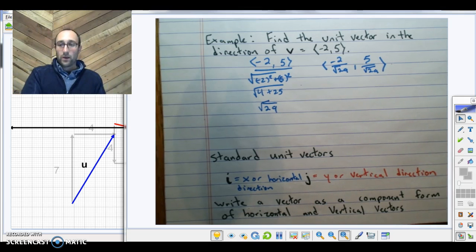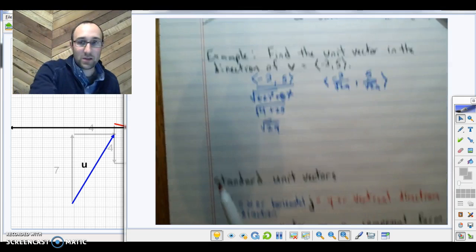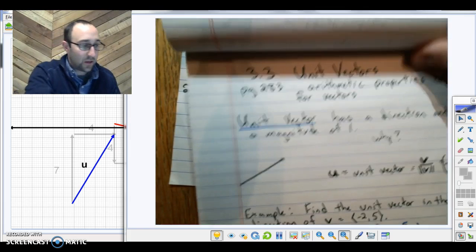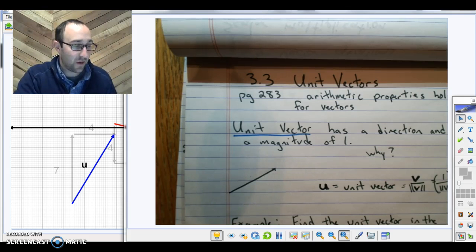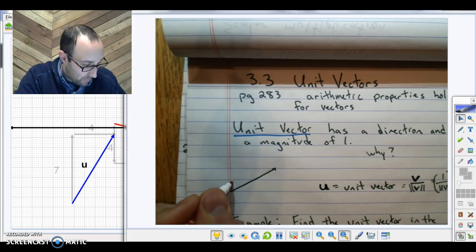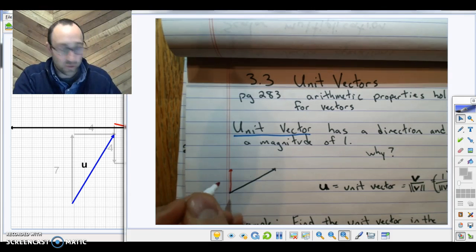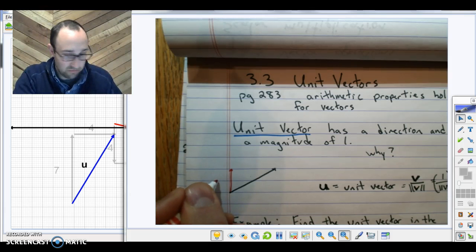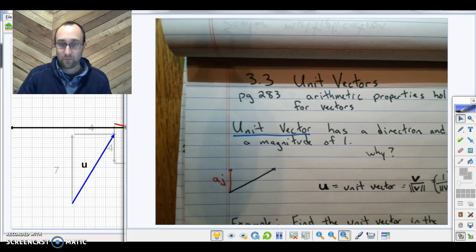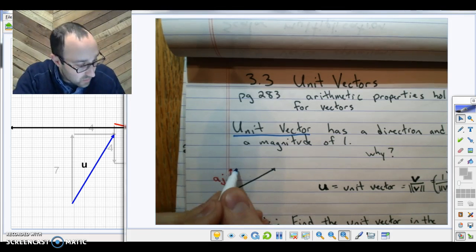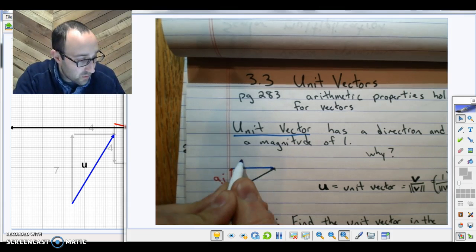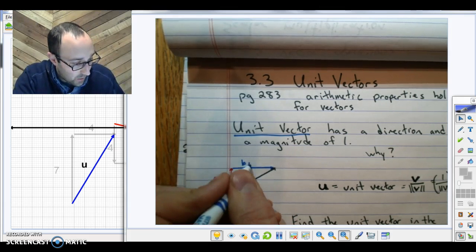Okay, and if we know any vector, like this one right here, I can get from this point to this point, not necessarily diagonally, but by going up first, which would be some number, let's call it a, in the j direction. j is the vertical. And then we could also go this way to here, let's call it b, in the i direction.